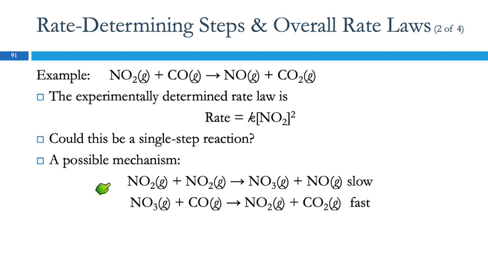So possible mechanisms, or a possible mechanism, is that 2 NO2 molecules collide and form NO3 and NO, and then this NO3 collides with CO to make another NO2 and CO2. This is a possible mechanism because when we add these together, we get the same overall reaction.